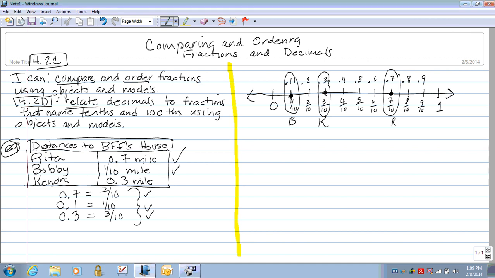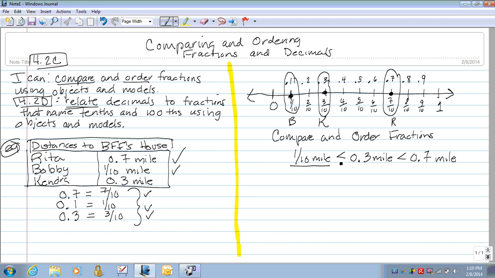If I want to compare and order our fractions, I know that Bobby at 1/10 of a mile is less than Kendra at 0 and 3/10 of a mile, and that is less than Rita at 7/10 of a mile.